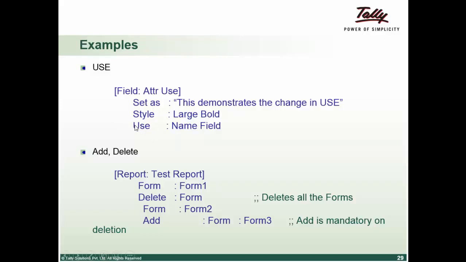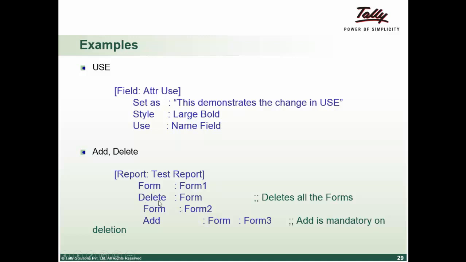The use gets executed first, then the set as will get executed and then the style will get executed. Similarly, for the report attribute, use does not exist, so it won't execute anything. Then the normal attributes get executed, so the attributes pertaining to report will get executed. So form 1 and form 2 get executed.